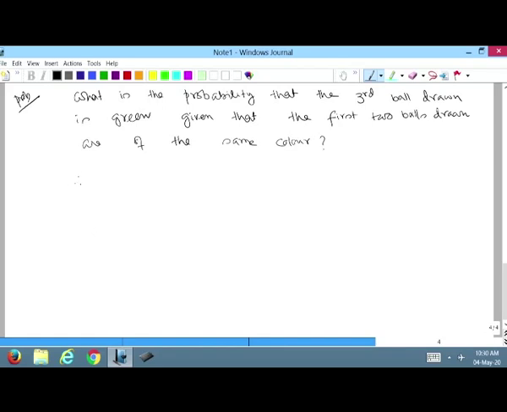Therefore, the given condition is ball 1 drawn and ball 2 drawn are of the same color.